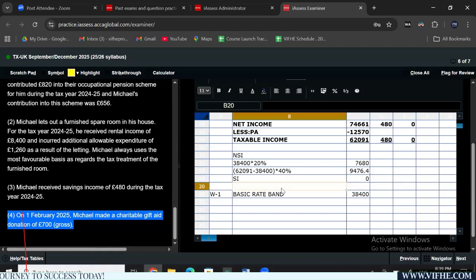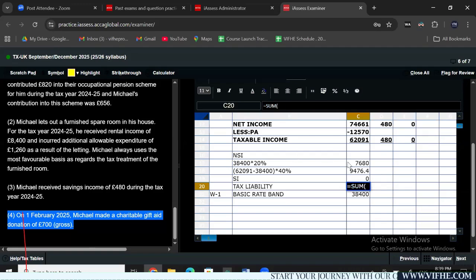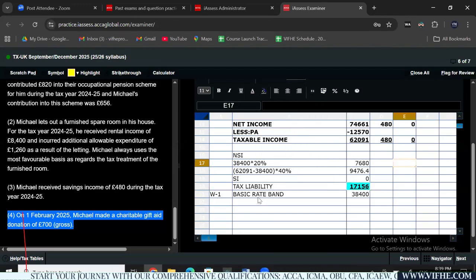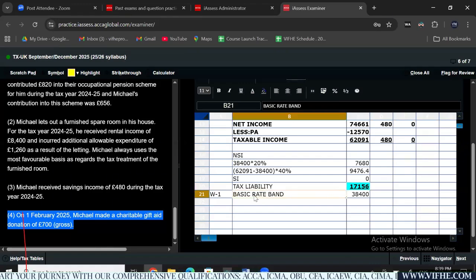Okay, so that's how we'll be able to come to know what our tax liability will be. So the tax liability in this case will be 17156.